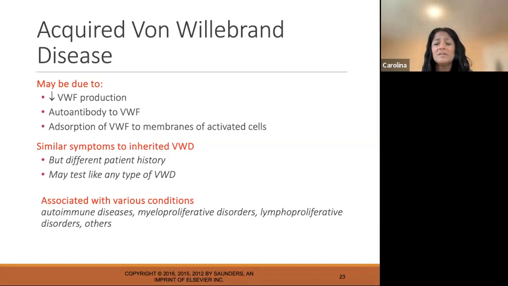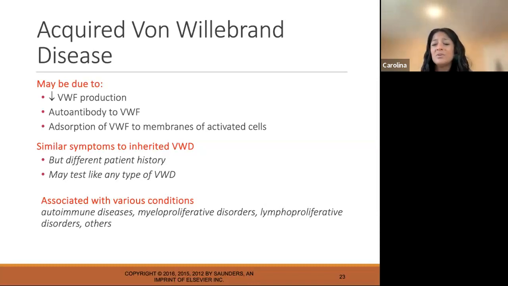The pathogenesis of acquired von Willebrand's disease may involve a decreased production of von Willebrand's factor. It could also involve the adsorption of von Willebrand's factor to abnormal cell surfaces, mostly seen in lymphoproliferative disorders and Wilms tumors.